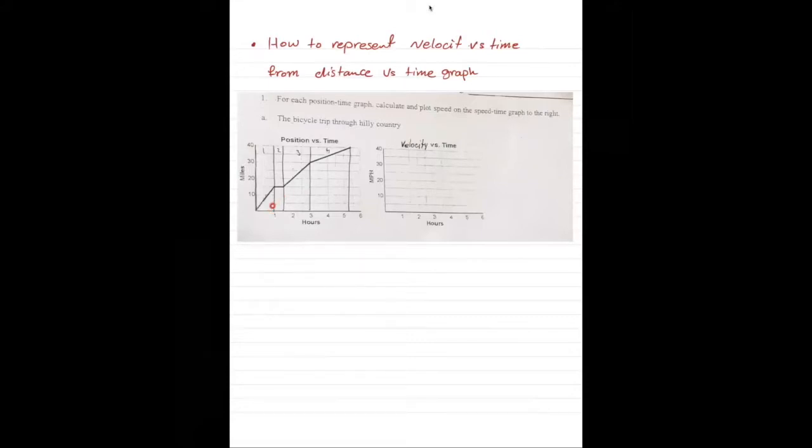A useful thing to do before jotting down any information is to look at the graph and get an idea of what's happening in real life, given the data in the graph. Here we can also notice that this graph is divided into blocks, and those blocks are useful because the slope in block 1 is constant, the slope in block 2 is constant, the slope in block 3 is constant, and the slope in block 4 is constant.